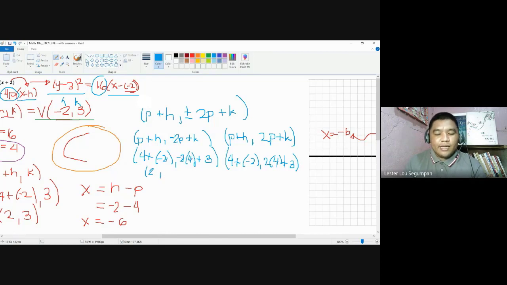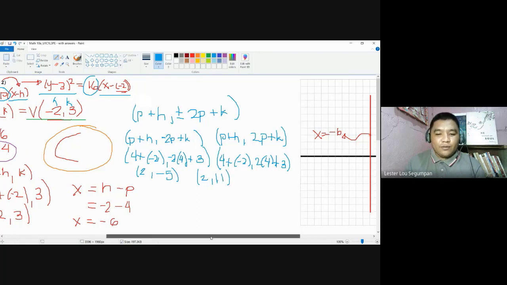Here, 2 times negative 4 is negative 8 plus 3, negative 5. And then 2 times 4 is 8 plus 3 is 11.